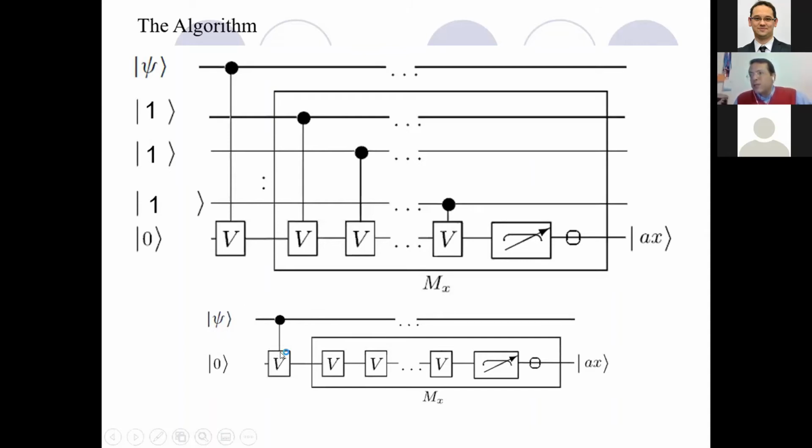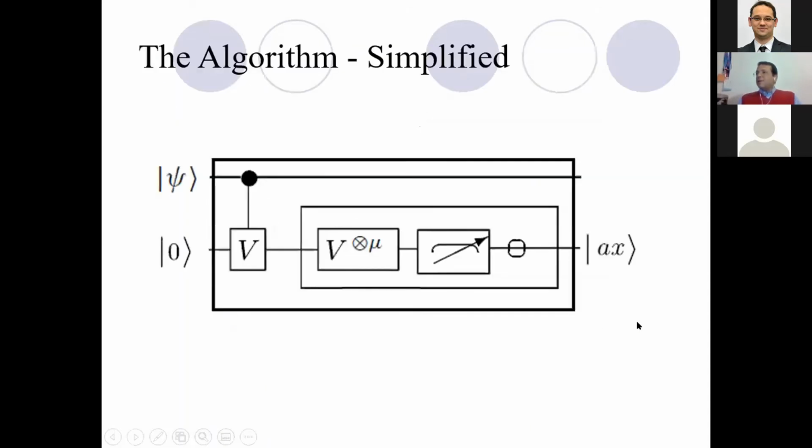We use this controlled V to weakly entangle the unknown qubit with the auxiliary qubit. And I will show in a minute what's the effect of applying these V gates. So this is another simpler form if you don't like to see all these V's on the figure. This is simply the algorithm.